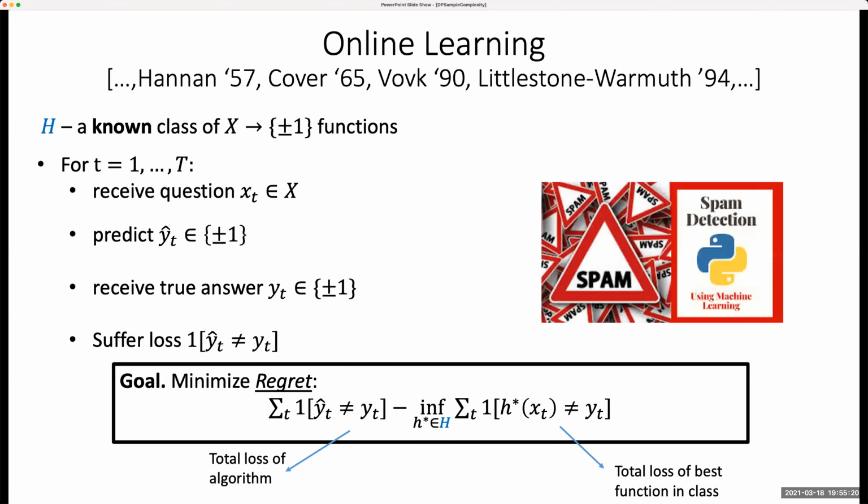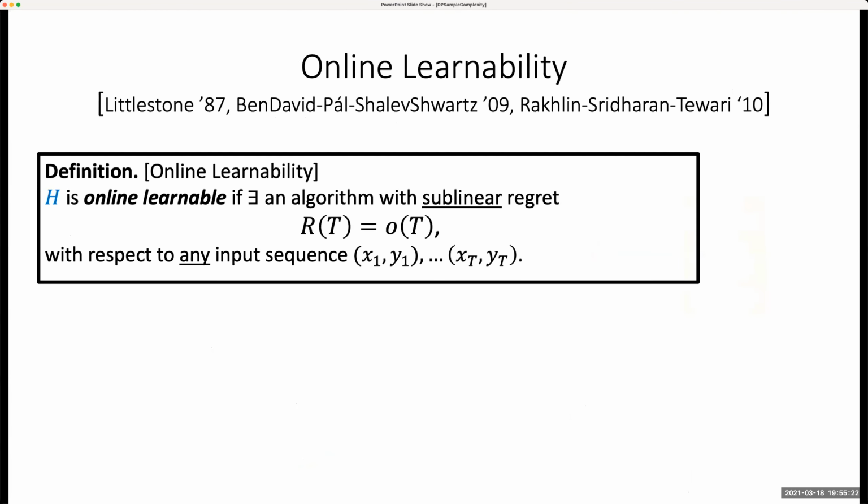Just like in the PAC definition, we say that H is online learnable if there exists an algorithm that achieves sublinear regret. So if we proceed for T rounds, then the regret needs to be sublinear in T, which means that the amortized regret, the average regret if you divide by T, goes to 0.